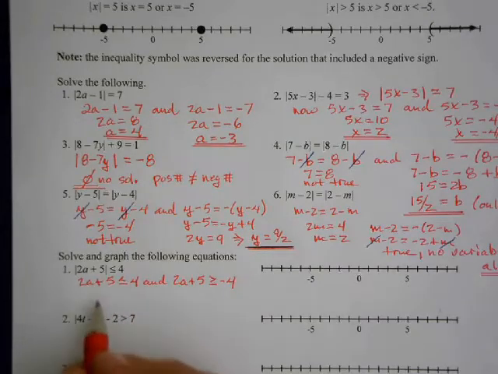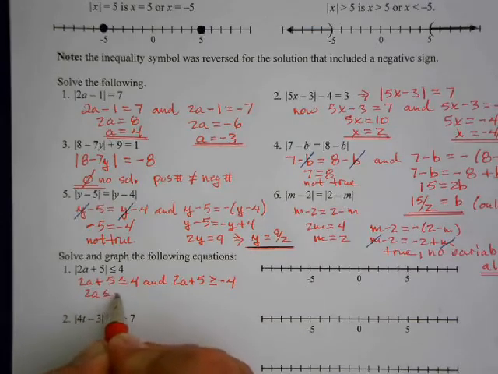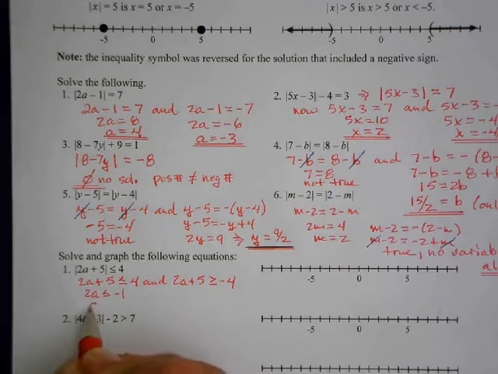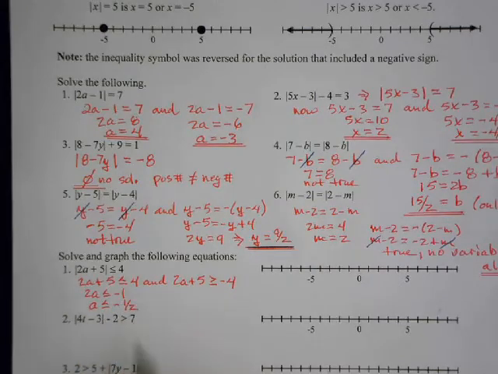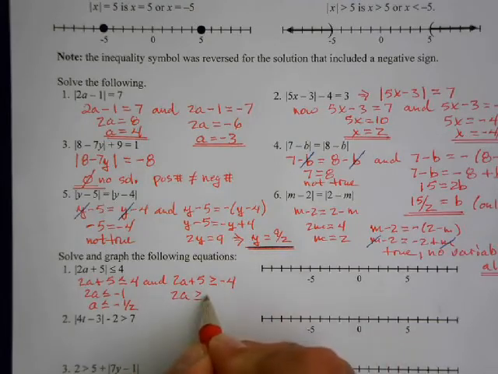Let's see. Subtract 5, divide by 2, subtract 5, divide by 2.